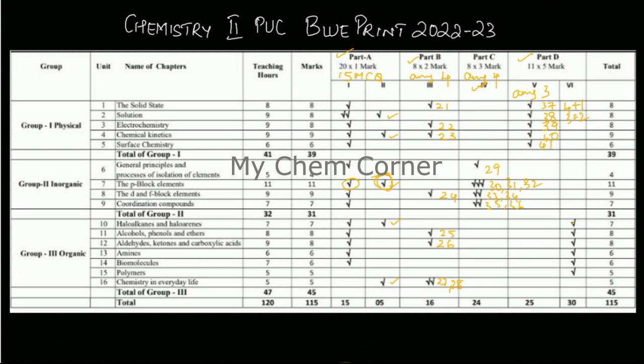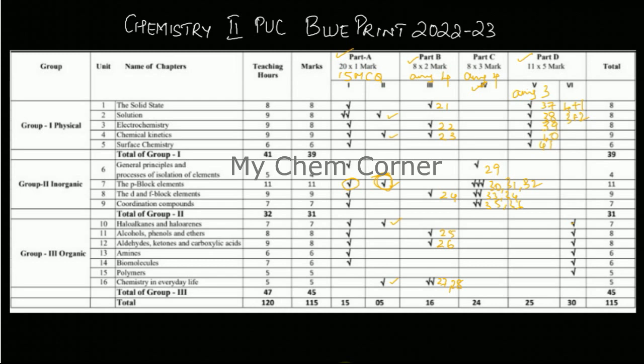When you have a solid as dispersion medium, or a liquid as a dispersed phase and dispersion medium, what kind of a sol do you form? Or give an example. So these kinds of questions can also be asked. Surface chemistry is more theory based than numericals. So that is something that you will be asked in question number 41.